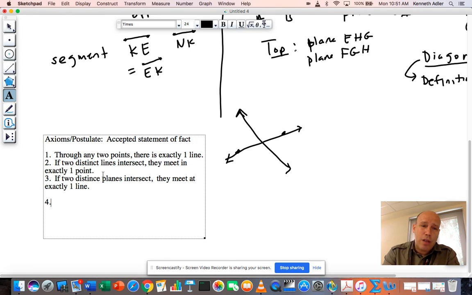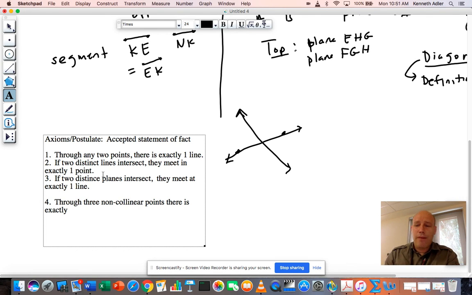And then the last axiom is, this is kind of cool. Through 3 non-collinear points, there is exactly, what do you think? If I drew 3 points, there is exactly 1 plane.